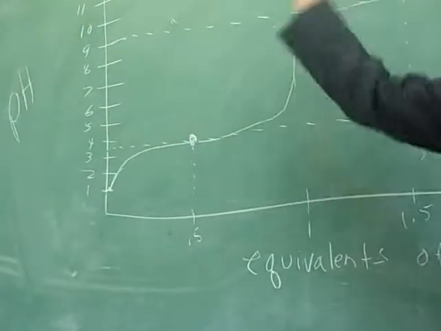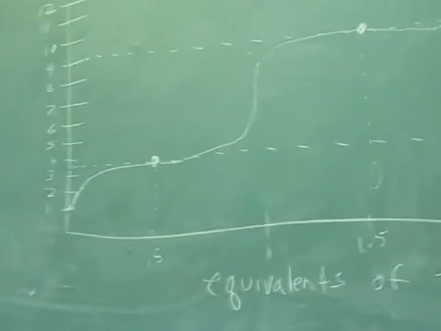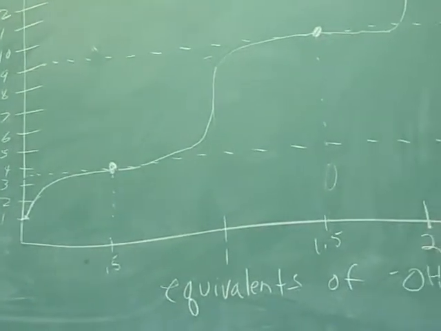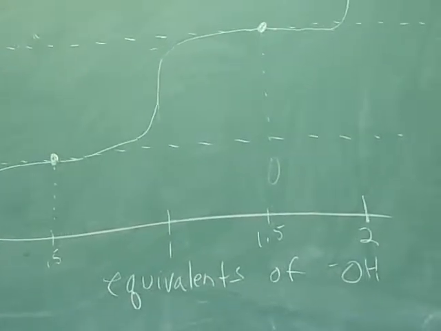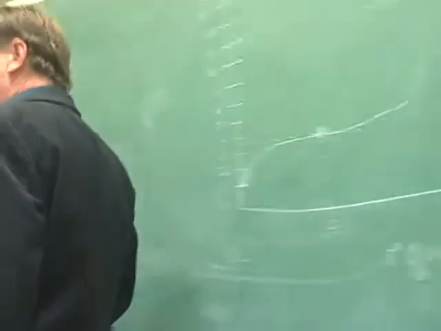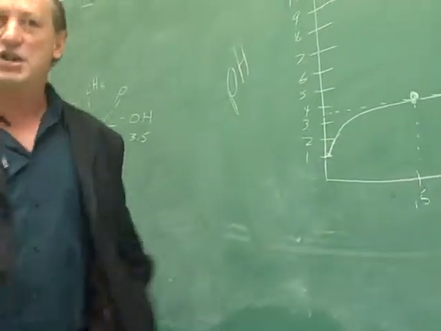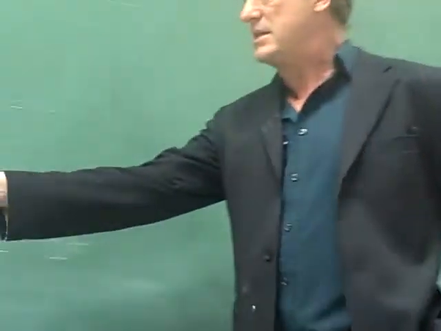The reason why we have you do these graphs is this explains exactly what a buffer is. This shows you what a buffer is. Because remember, when you have a buffer in solution, it's supposed to maintain the pH. So you can add a little bit of acid or a little bit of base and the pH doesn't change much. Well, look at this.